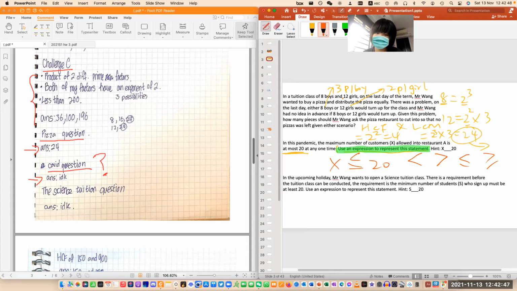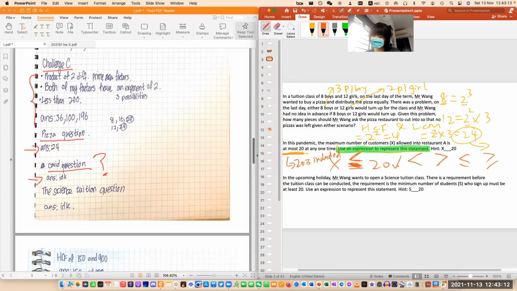Because it says the restaurant can accept at most 20, so 20 is included. At most 20 means 20 is included, but not more than. So that's why you use smaller and equal.